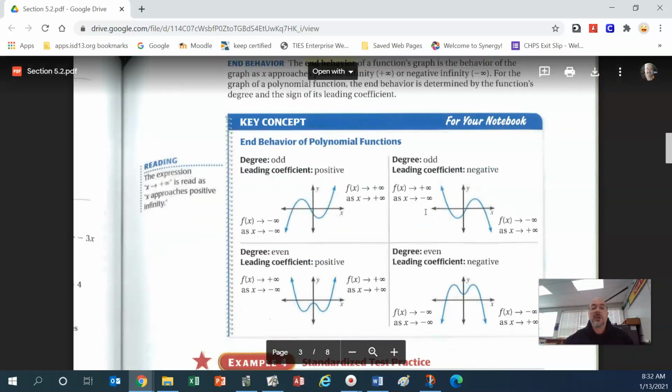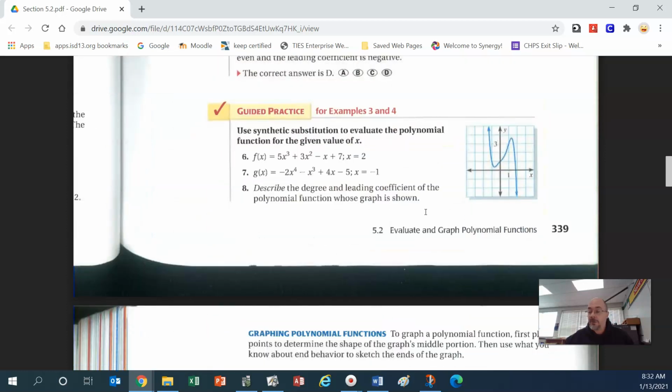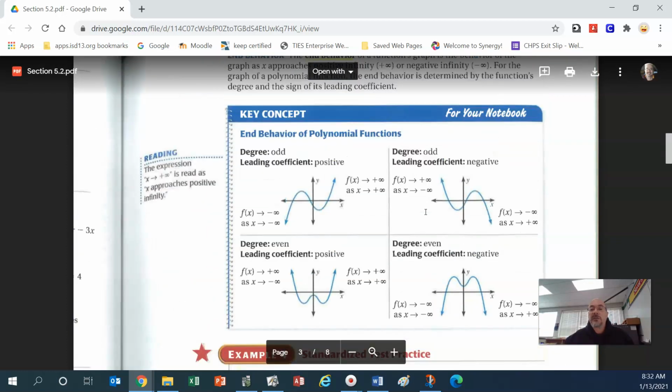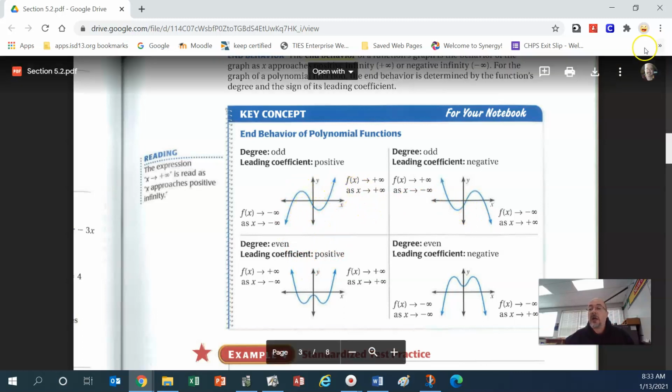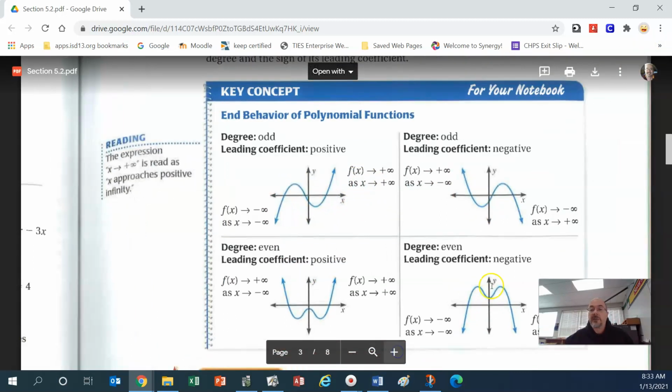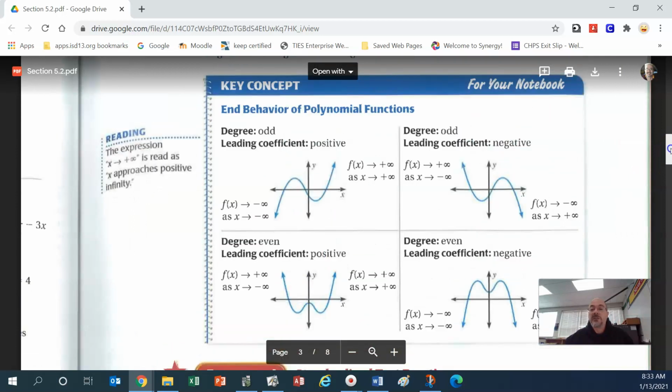It's on page 339. These are the key concepts that I'm going to go through. I'm going to do my notation a little bit different in my notes, but it's going to mean the same thing.